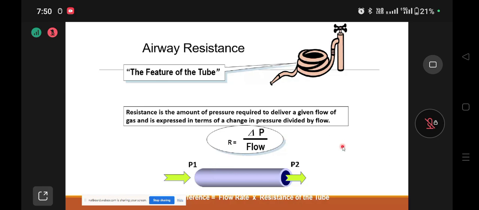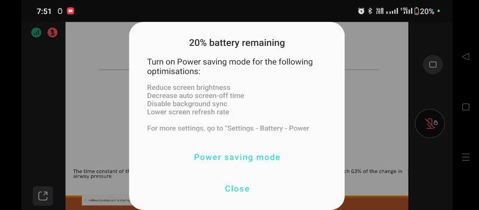This is shown by a simple formula where resistance is the change in pressure, P1 minus P2, over the flow. This tells you the amount of resistance you will encounter when you pass a gas through a narrow tube, and it gives you an idea of the peak inspiratory pressures.